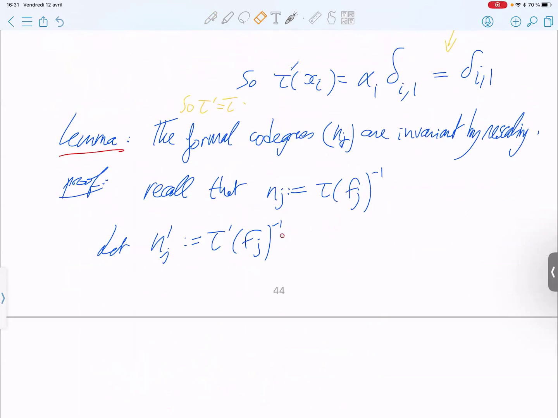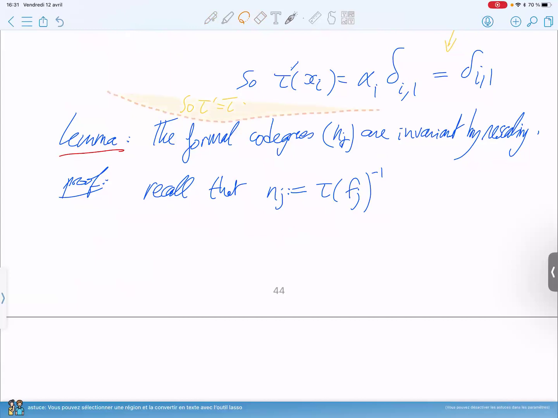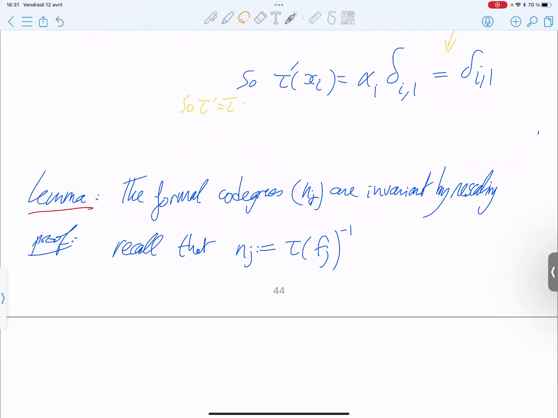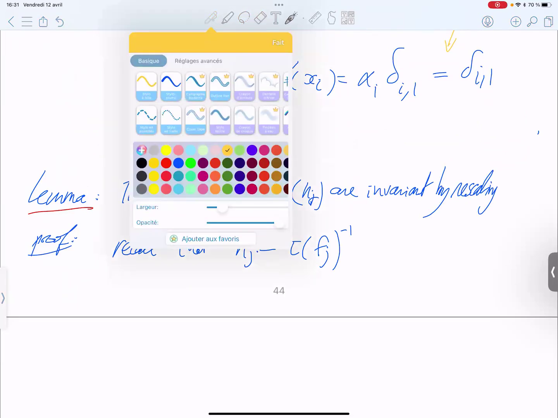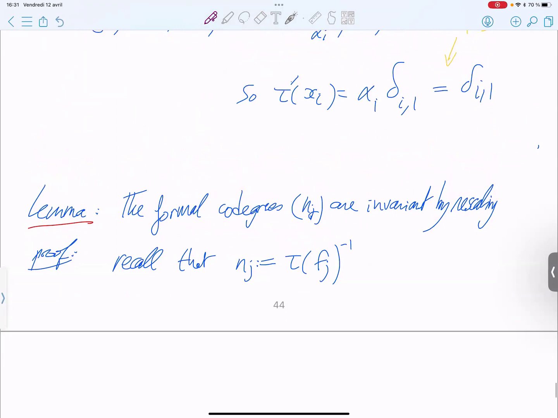And right, like that. So tau prime equal tau. Conclusion.